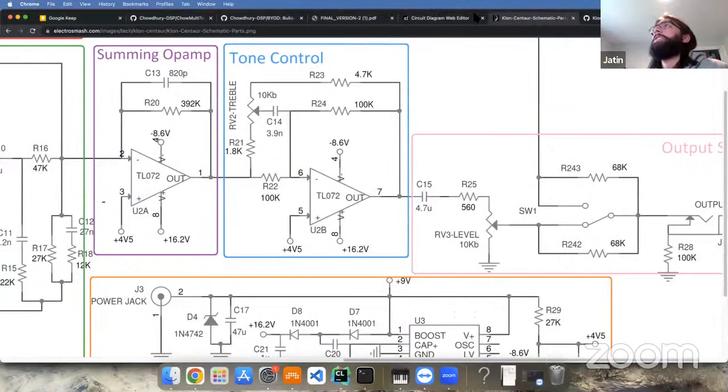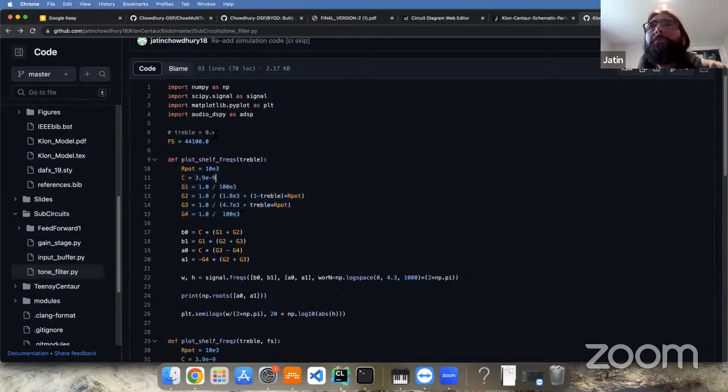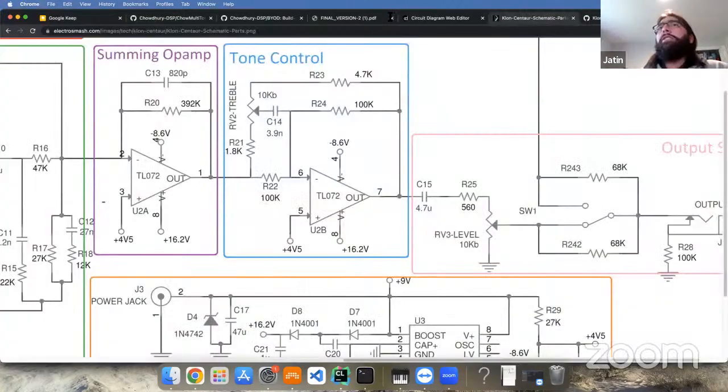While that's building, let me see if I can figure out where these numbers came from. I might just need to go through the nodal analysis again. That'd be kind of annoying.